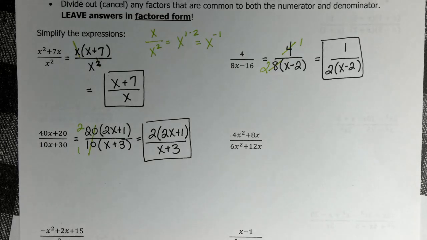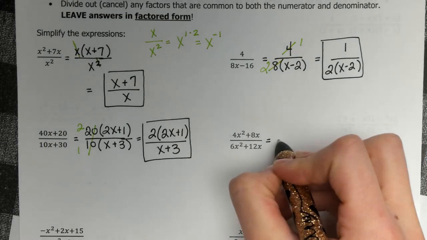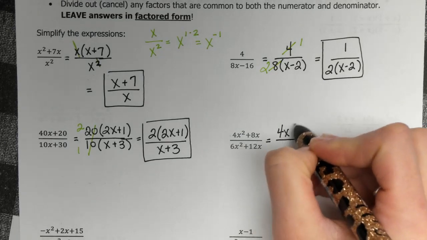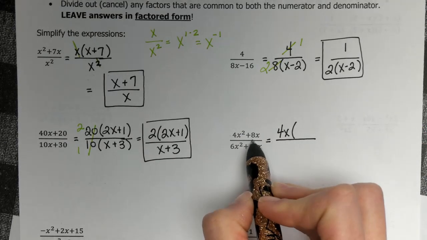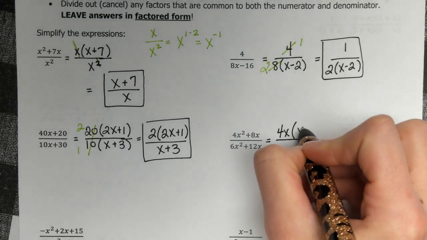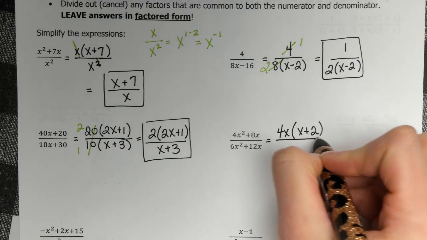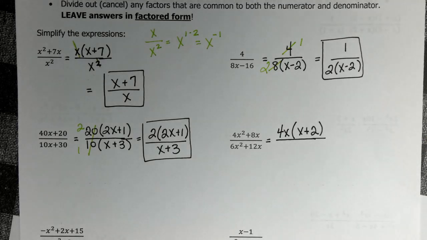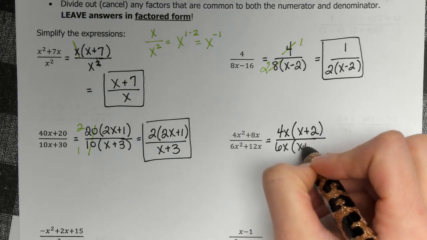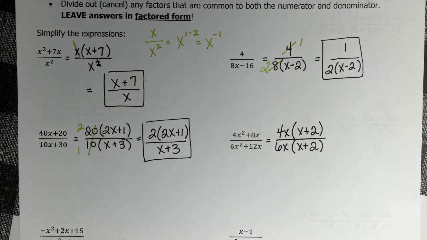Okay, so next example, what can I factor out? A 4. Okay, so I have a 4 that can be factored, and then x squared and x, I can take out an x. So that leaves me with x plus 2. Okay, then in my denominator, what can I take out? And that leaves me with x plus 2.